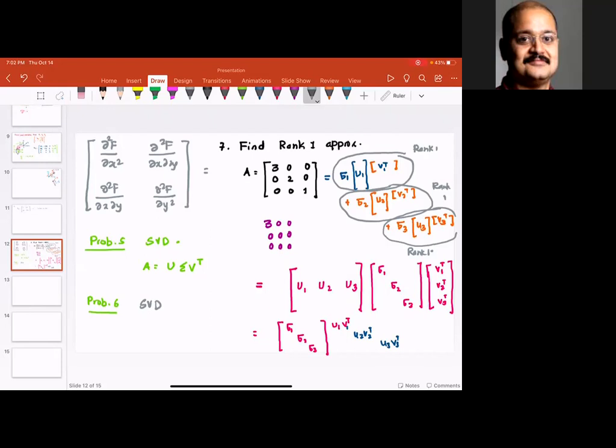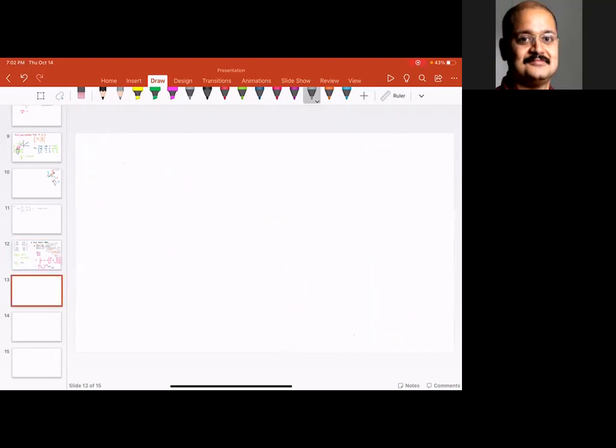Okay, then the next problem is to find the closest rank approximation in L2 norm for another matrix. Again, you can try that, but that is actually tricky. So let me show you how that problem is attempted.